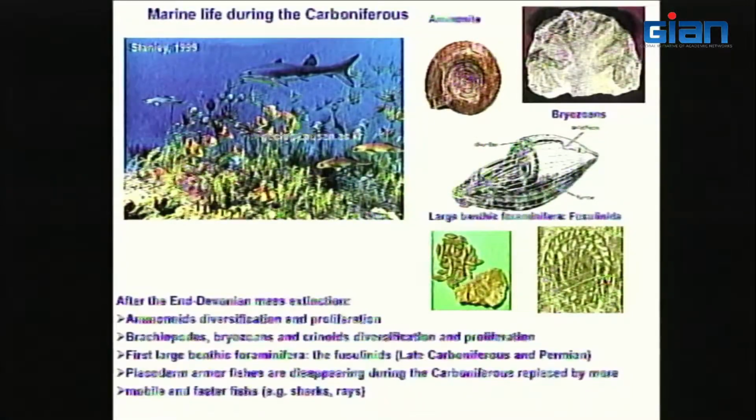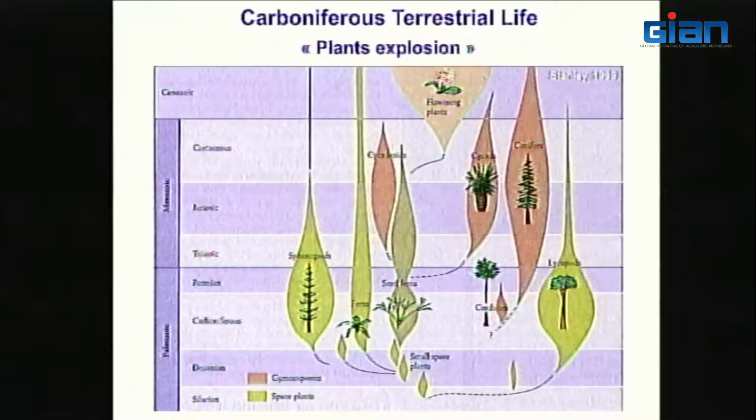This is also an evolution. What happens on Earth? On Earth, this is really the time of the forest, as I said. That's why we name that period Carboniferous. In the Devonian, you have the first small spore plants, and after you developed the ferns and the seed ferns, and at the end of the Carboniferous the conifers also appear, but the dominant were lycopods.